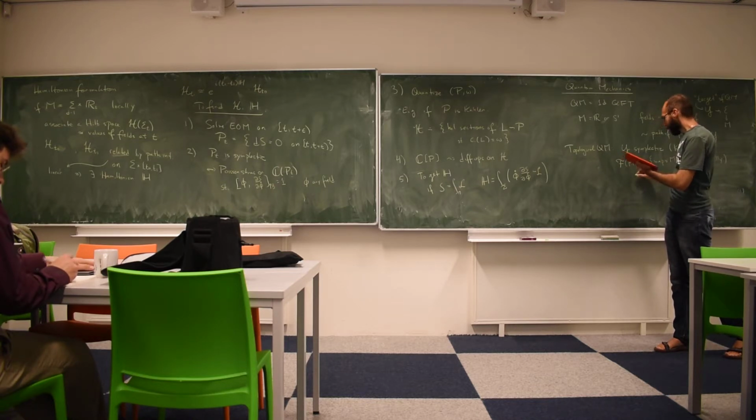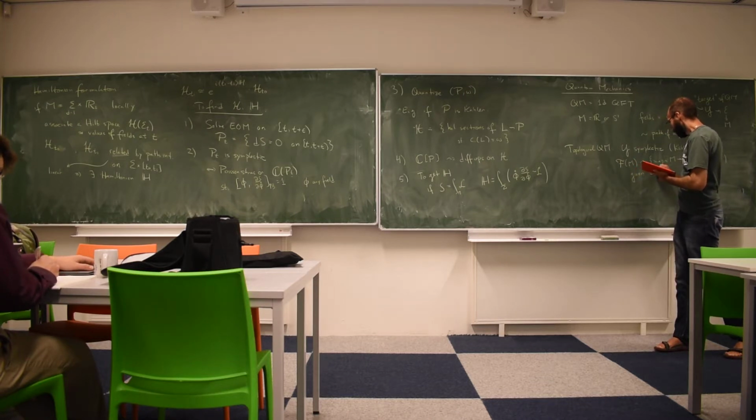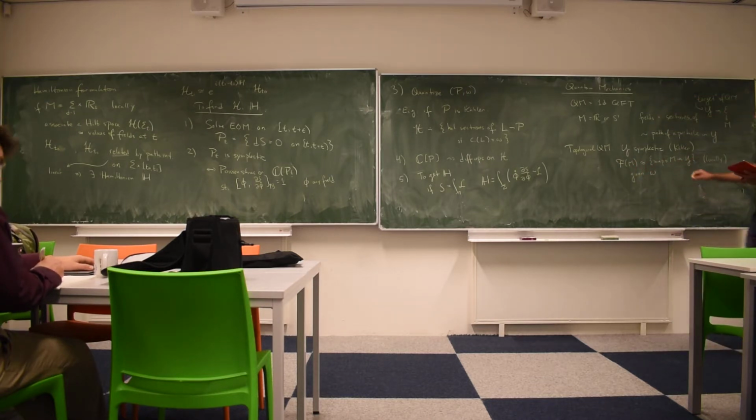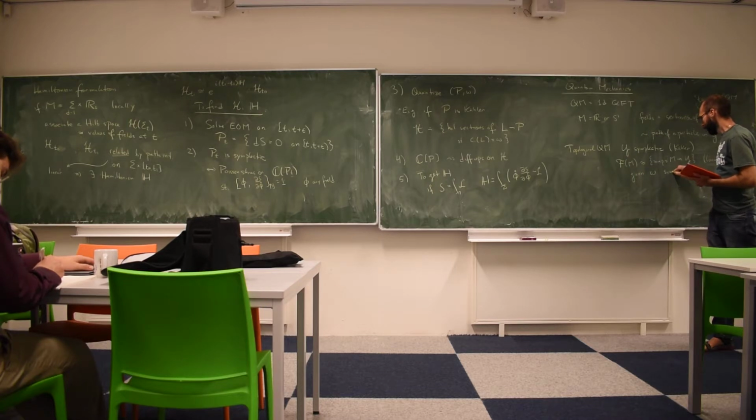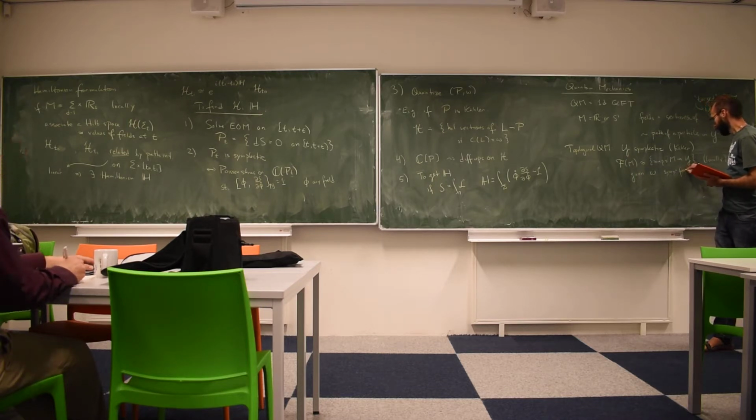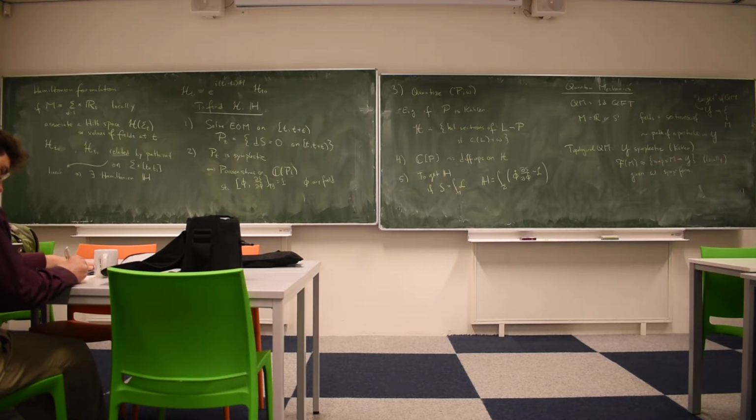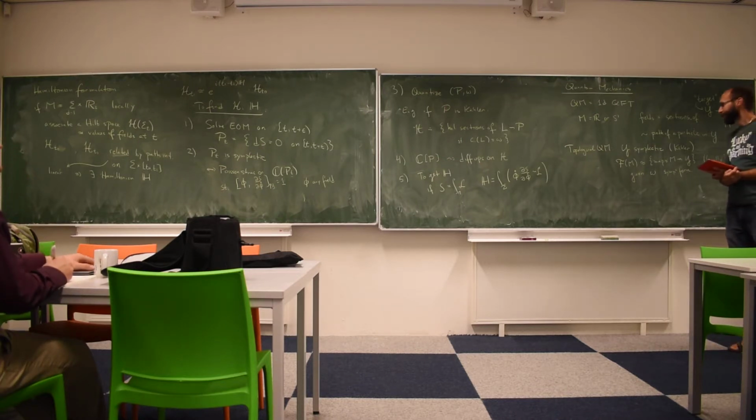And given a symplectic form on Y, I'll construct the action. There's a simple local formula, and there's a nicer global formula.